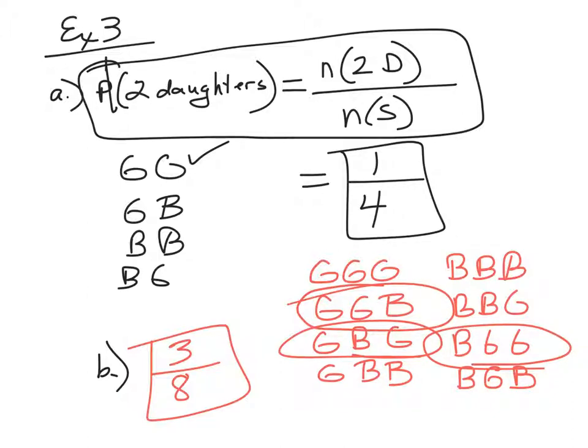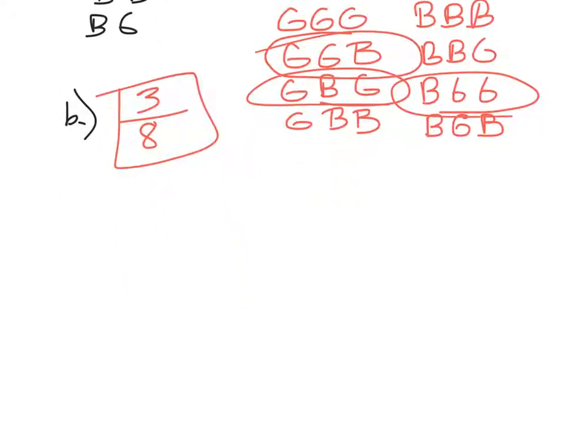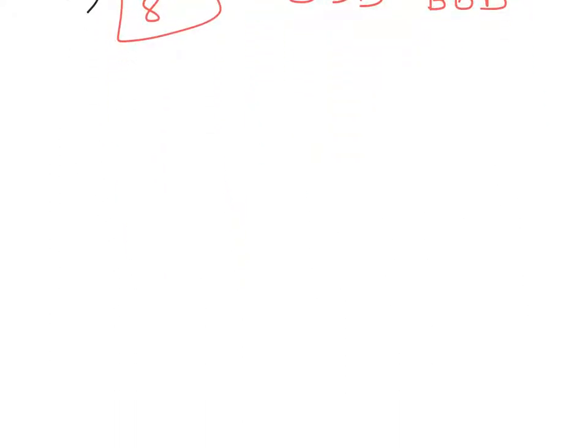Okay, let's work one more problem before we go to break here. That was an example of theoretical probability. Let's do an example of empirical probability by taking a look at example 5.